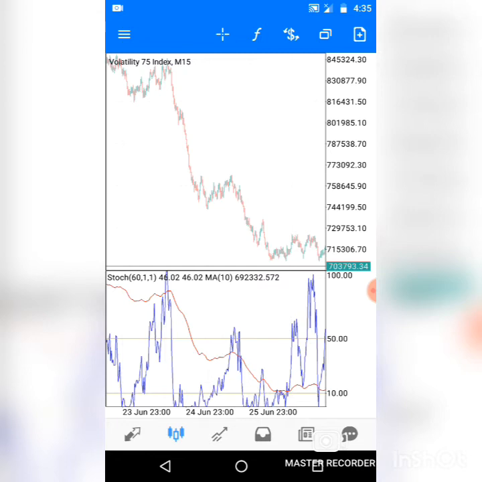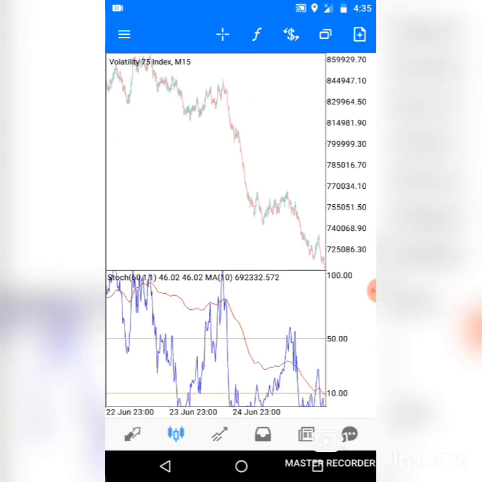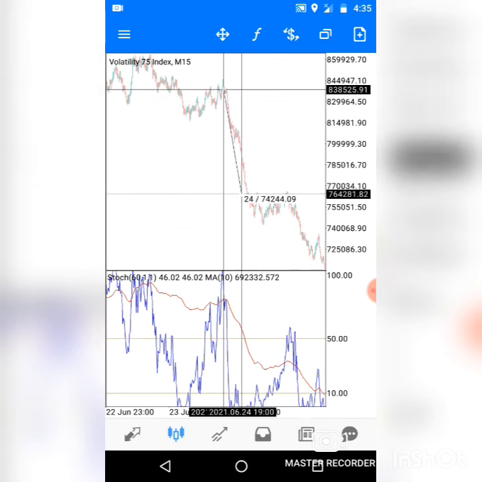It's almost 99.9% accurate. Look here. You enter the market, and by somewhere here, you are out. Here you enter, and somewhere here, you take your exact amount and you are out.